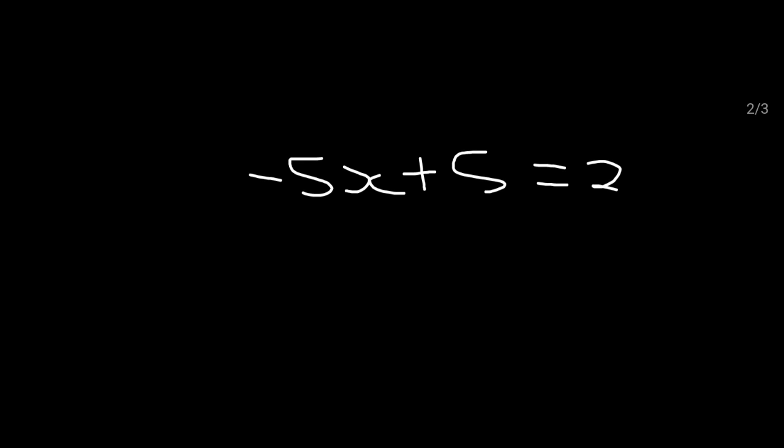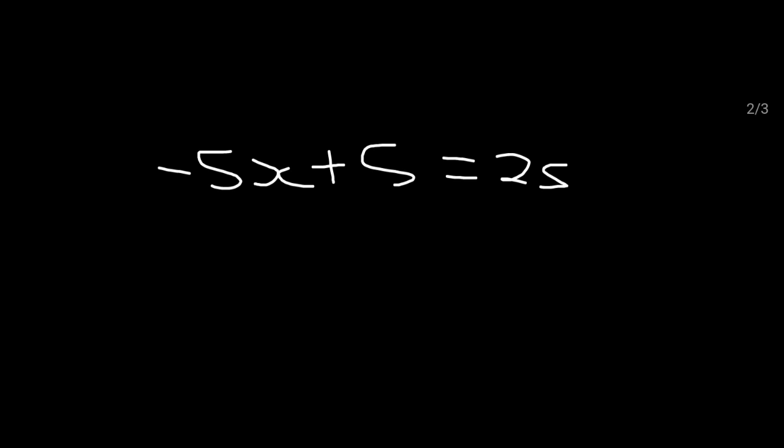What about negative 5x plus 5 equal to 25? Let's check out the 5, because I can get an answer with decimals. Again, you make x the subject of the formula, by moving this 5 to the other side.